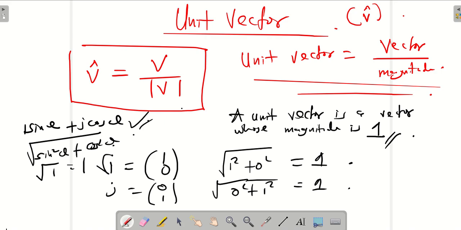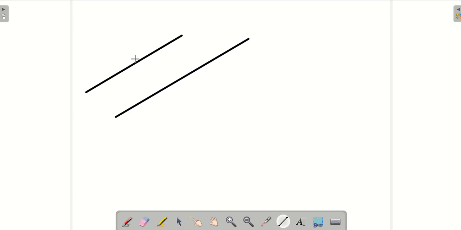All right, so let's learn more about unit vectors. Now, we can see that AB and PQ are parallel.